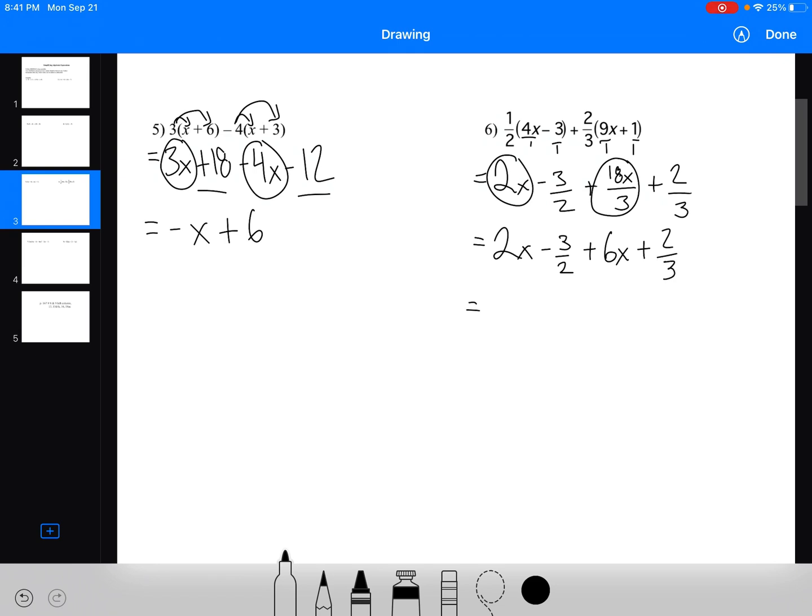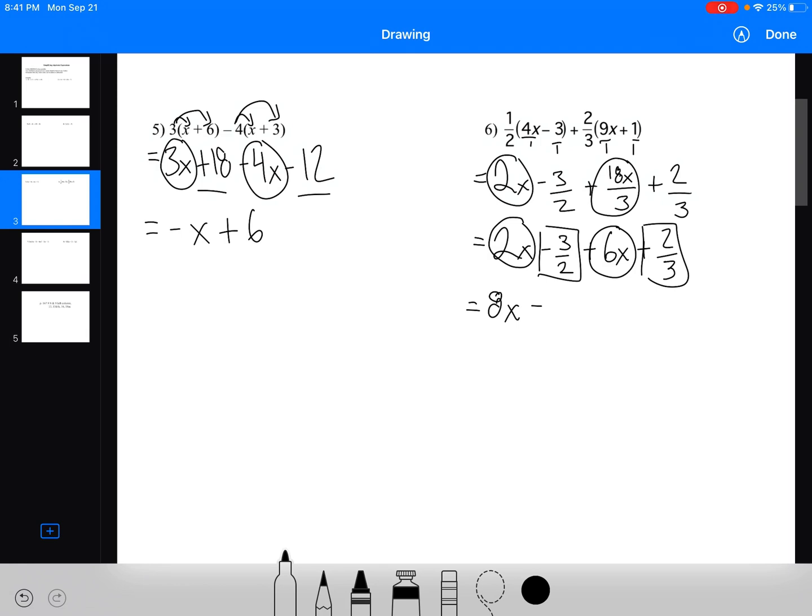Now again, I'm going to do another step here. So 2 plus 6, we're going to put that together. 2 plus 6 is 8. So we have 8x. This and this go together. So we're going to have minus 3 over 2. We need to make a common denominator.